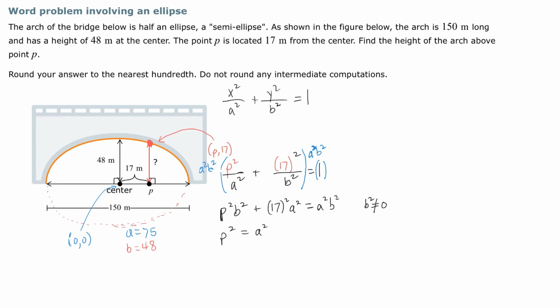a squared, factored out here. We get a b squared minus 17 squared, all over b squared, because b squared is not equal to 0.